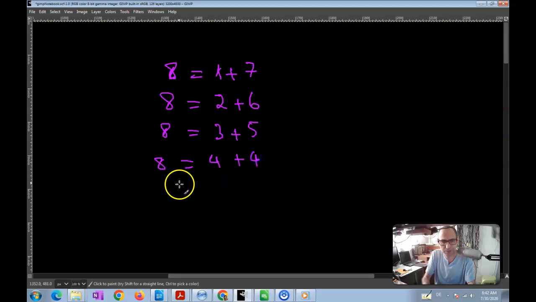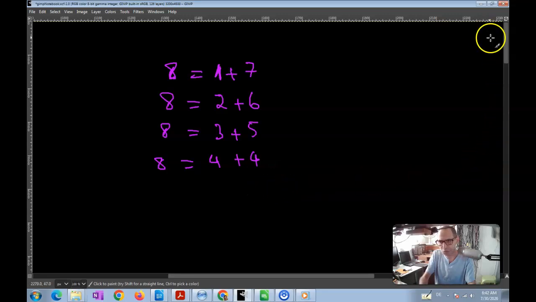And then the same number 8, you can write it as 5 plus 3, or 6 plus 2, or 7 plus 1, and so essentially these are the 4 unique ways that you can write down the number 8, right?